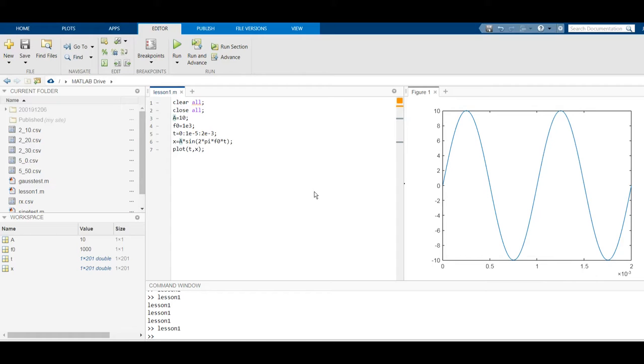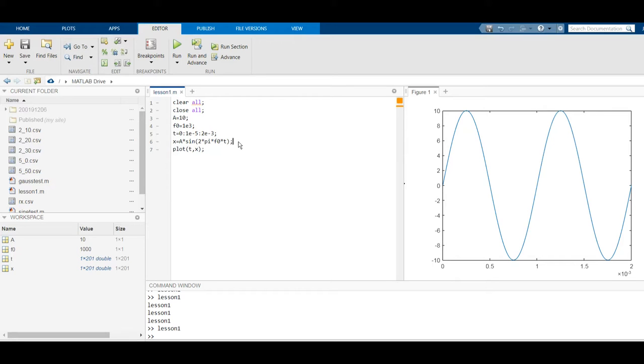So if I want to plot this as one of 3 graphs, say I want to plot 3 graphs in one particular figure, like 3 rows of graphs.